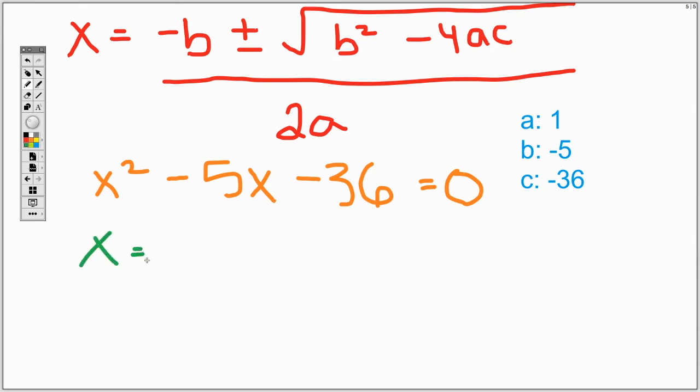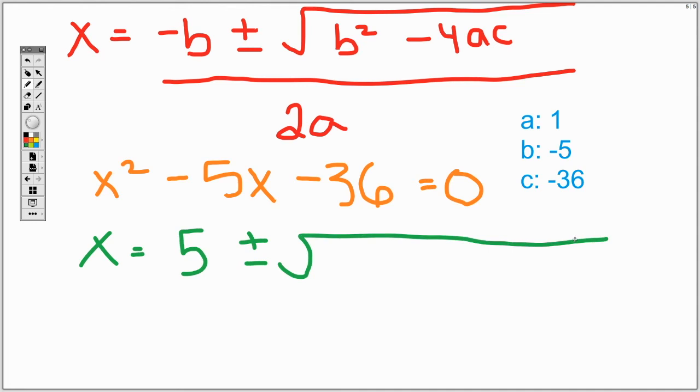So x equals negative B, so it would be 5, right? Plus minus the square root of, negative 5 times negative 5 would be 25. Then minus 4 times A, which is 1, and times C, which is negative 36.